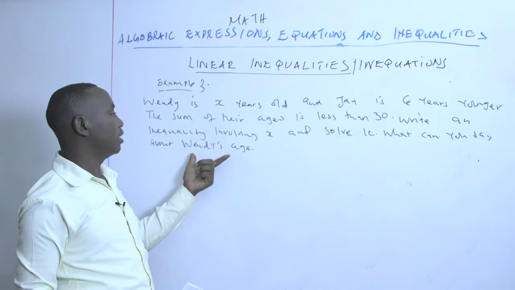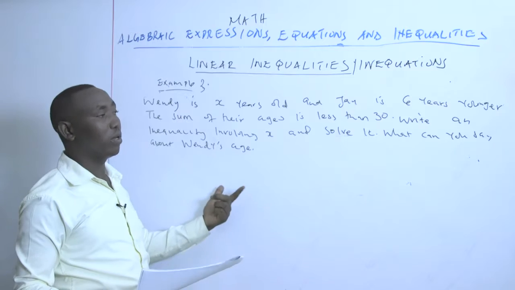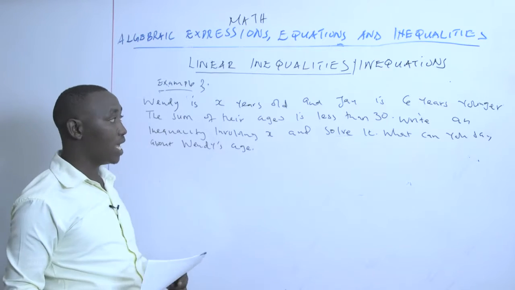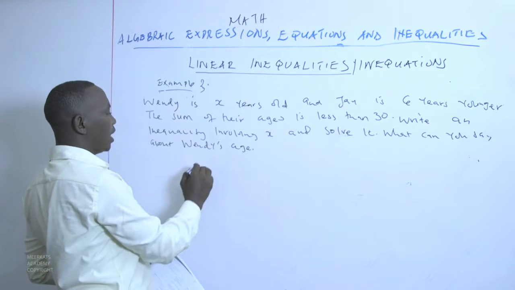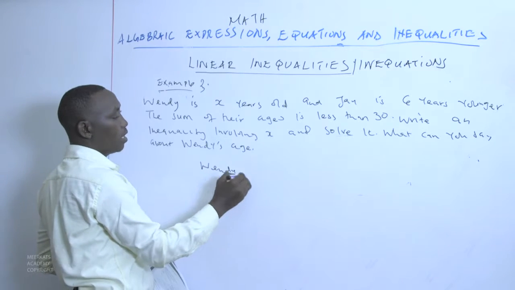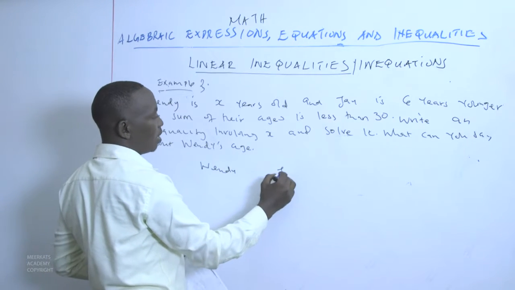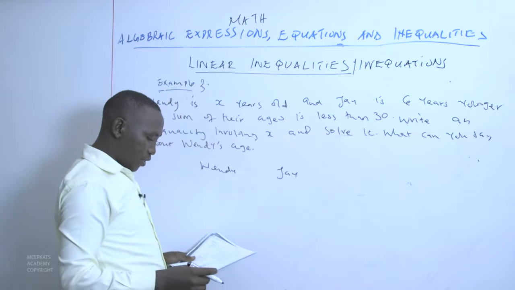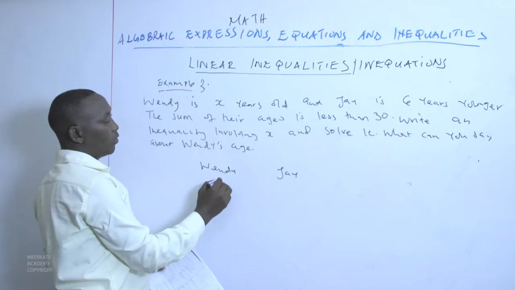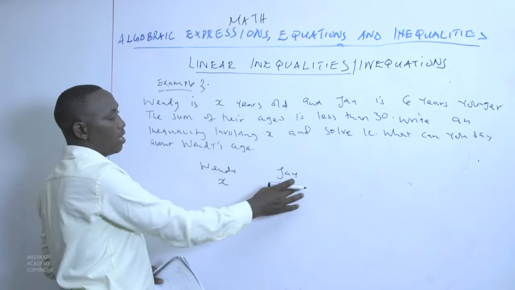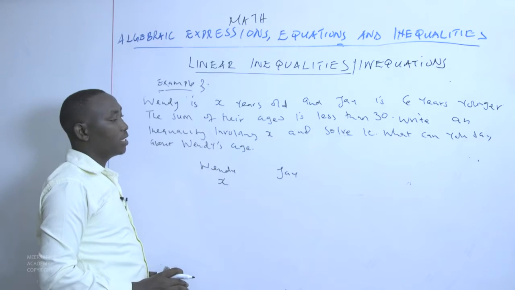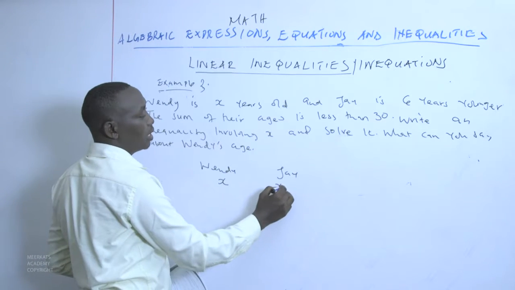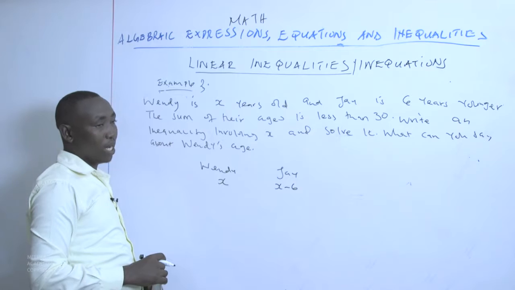Then the other part is to state or give a description of Wendy's age. Now you have been told that Wendy is x years and J is 6 years younger. That means he is 6 years younger than Wendy.